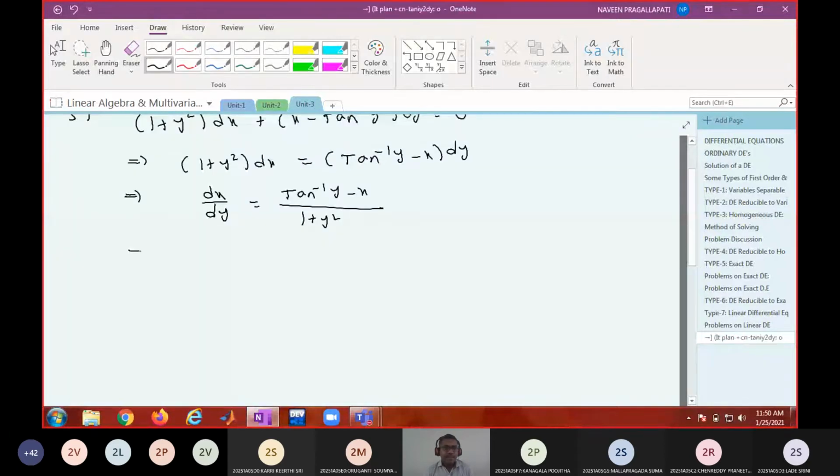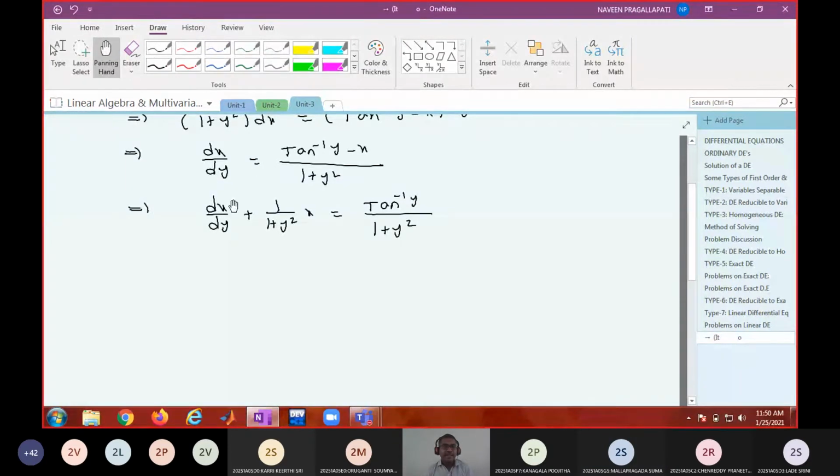Can I write this as dx by dy plus 1 by 1 plus y square into x equal to tan inverse y by 1 plus y square? Can I write like this? Yes, sir. Now is it not linear in x? Yes. X degree is 1, x coefficient is purely a function of y, y is the independent variable, right hand side is also purely a function of the independent variable. Therefore it is a linear DE. Linear DE in what variable?